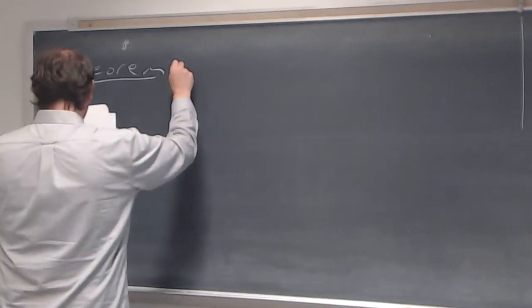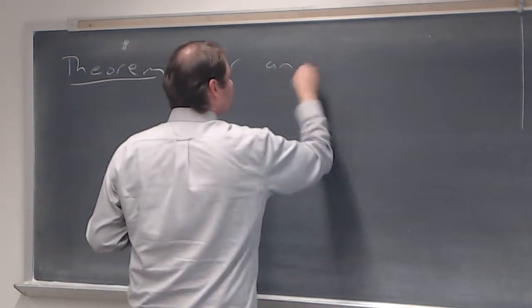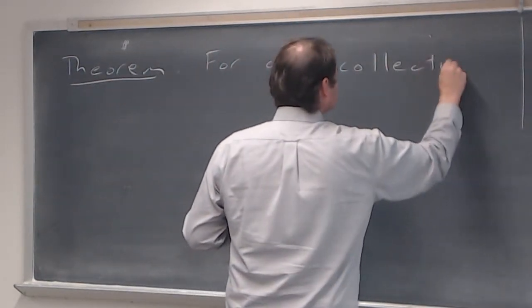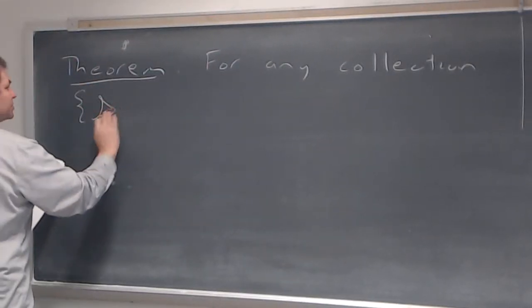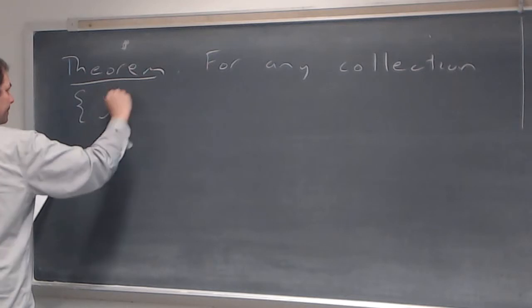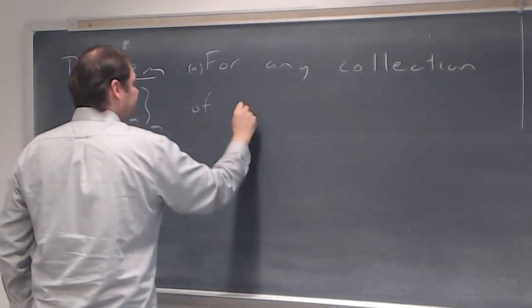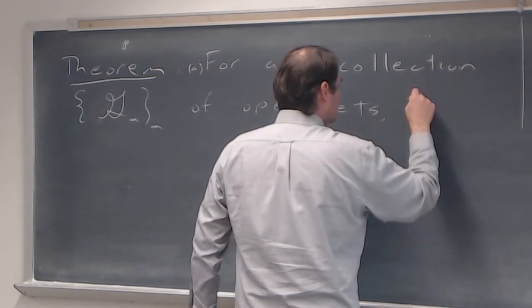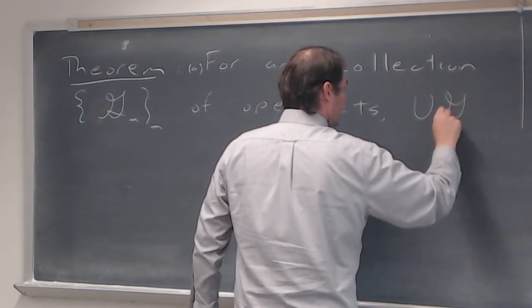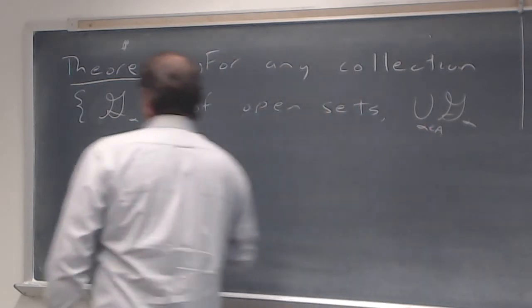It said for any collection G sub alpha, and this is part A, of open sets, the union of the G sub alphas, alpha an element of A, an indexing set, is open.